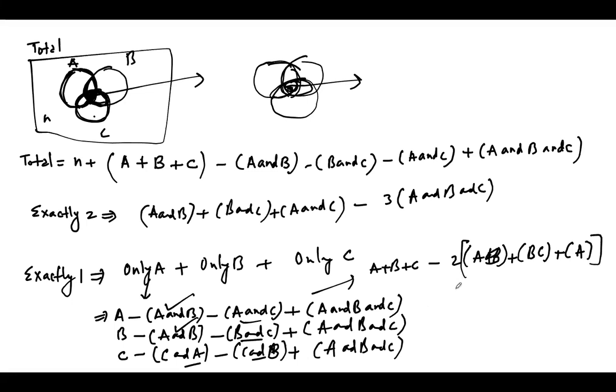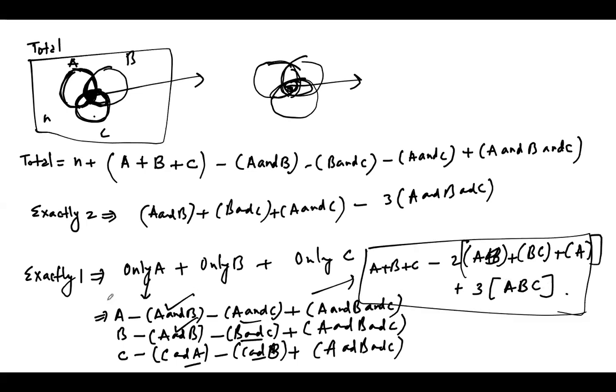And how many times are we getting all 3? 3 times A and B and C. So if you are good with writing, you need not remember all these formulas. Is this point clear? Yes, sir. Everyone? Okay, cool.